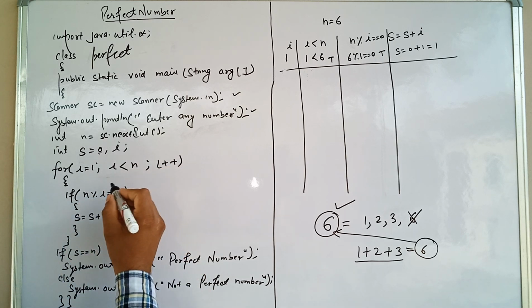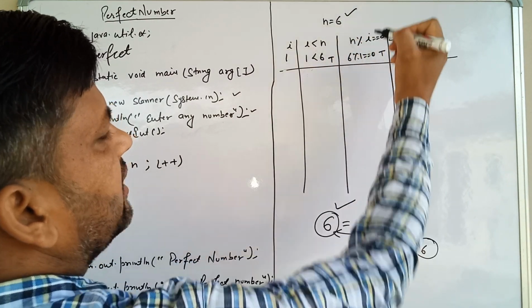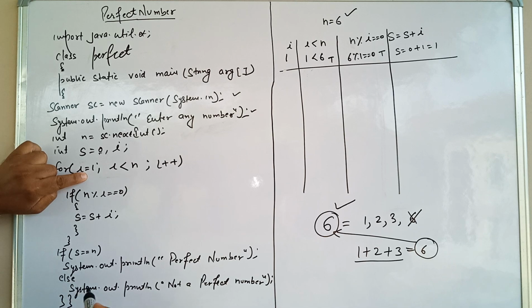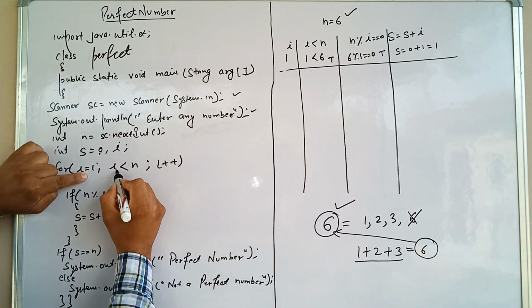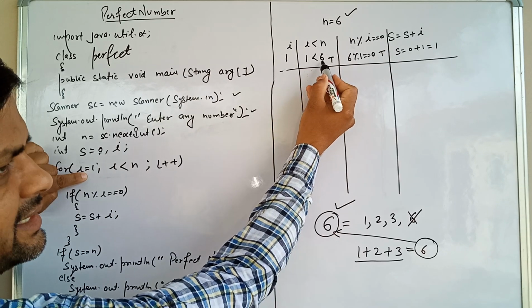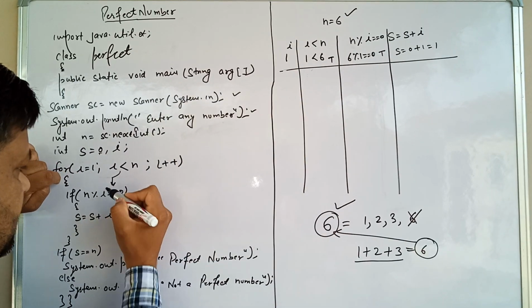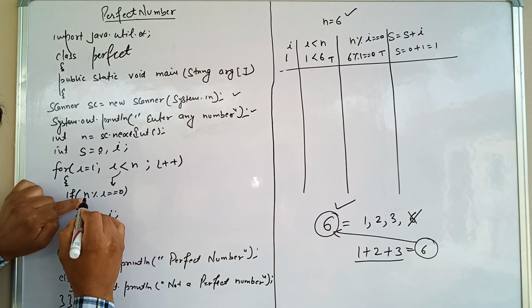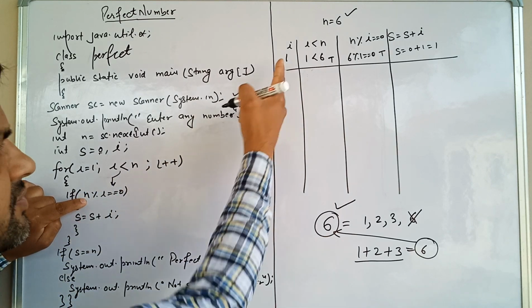Suppose the number I have entered is 6. This loop will start from 1. This condition will be checked: 1 less than 6, condition true. If it is true, it will come inside the loop. Inside the loop, in the if condition, what have I written? n mod i. My n value is 6, i value is 1.